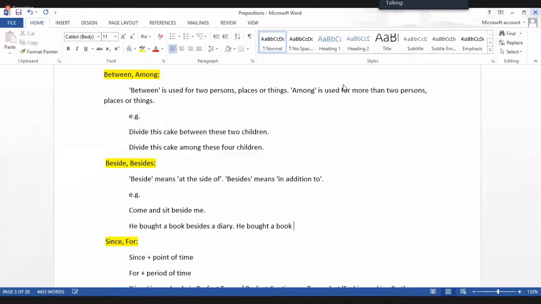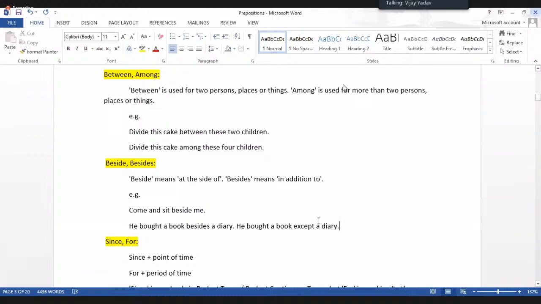He bought a book except a diary. What is the meaning? He bought a book besides a diary means he bought both. He bought a book except a diary means he bought a book. He didn't buy a diary. Isn't it? So while talking about besides, you also need to understand except.